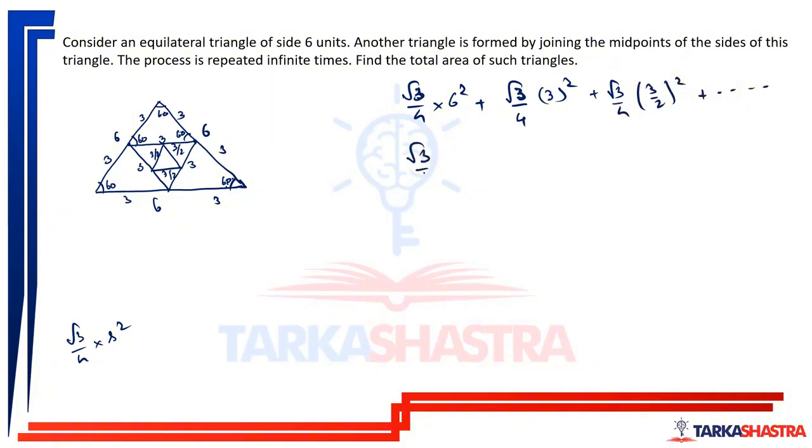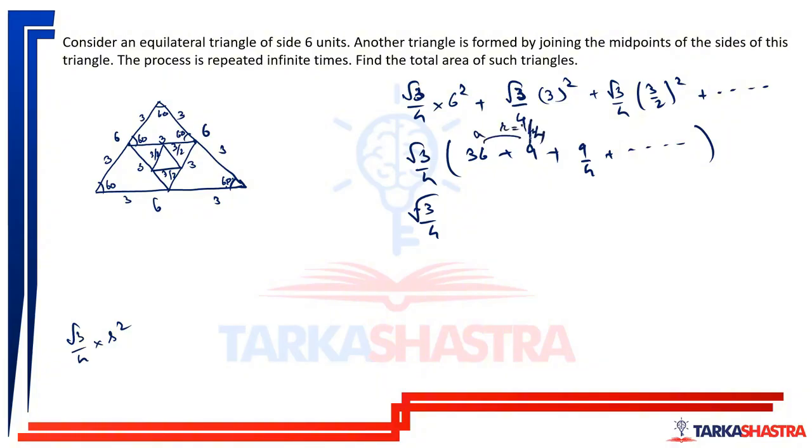So if I take √3 by 4 common, this will be 36 plus 9 plus 9 by 4 up to infinity. Yes or no? Now this is √3 by 4 times a series whose first term is 36 and common ratio is 1 by 4, right?